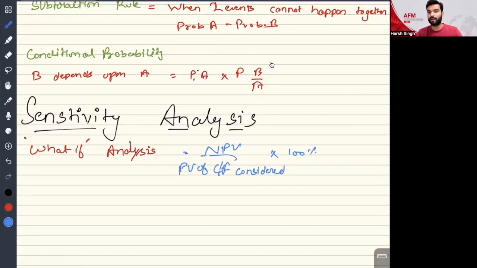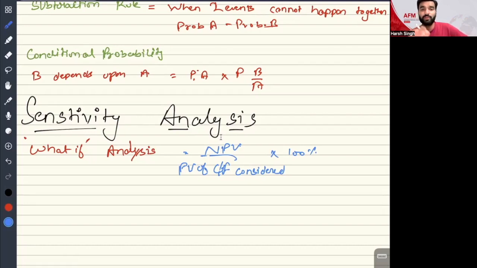For example, if I am trying to find out the present value of sales volume, I will take all the present value of my sales. If I'm trying to find out scrap values, I'll find out the present value of my scrap value.